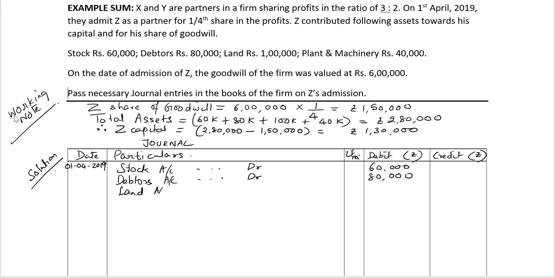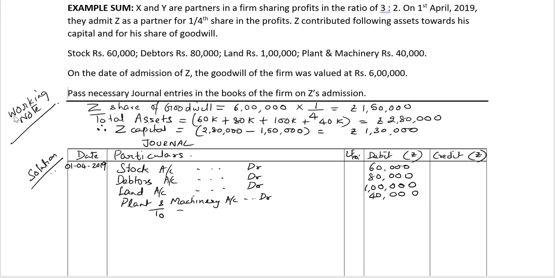Land account, debit 1 lakh, and plant and machinery account, debit ₹40,000.